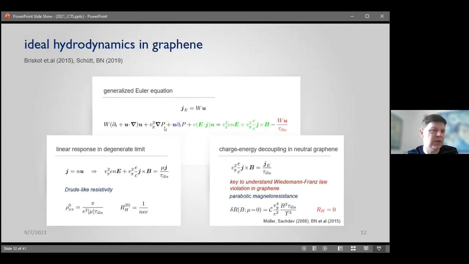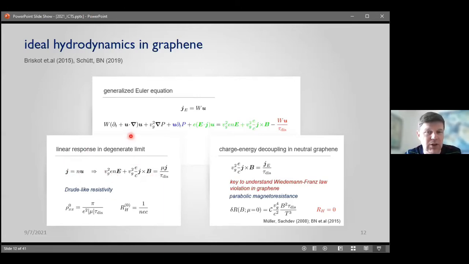Now, when we look at the static properties, such as regular electric resistance, this time derivative then plays no role. And so just to identify that in the degenerate limit, namely strongly doped graphene, this equation clearly recovers the standard linear response theory, right?